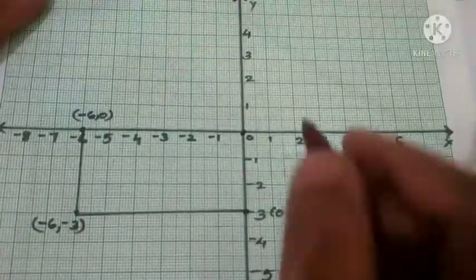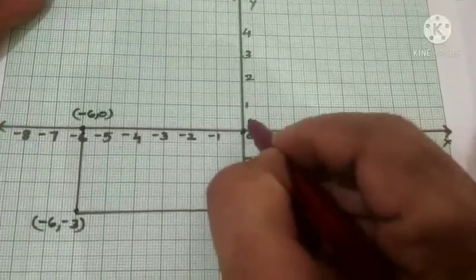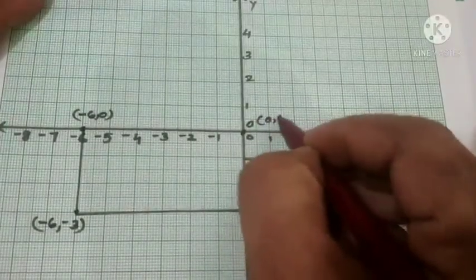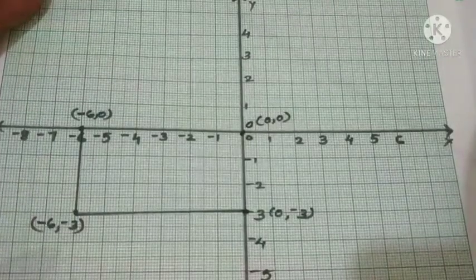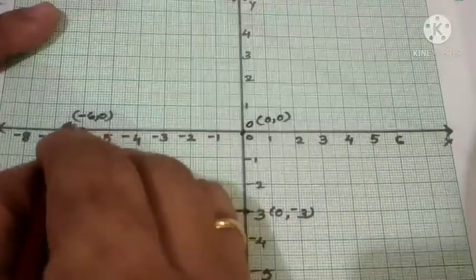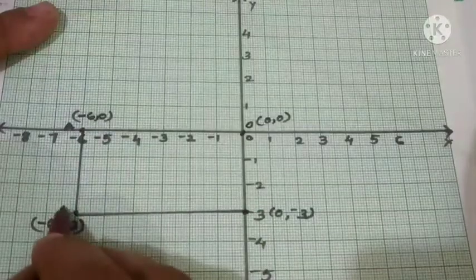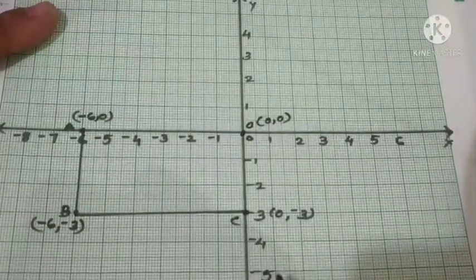The origin is here. So what is the rectangle we got? OABC is the rectangle. We have to write the vertices of the rectangle OABC in order.